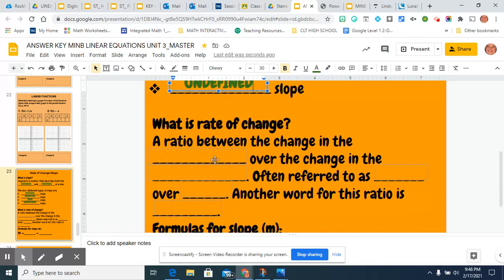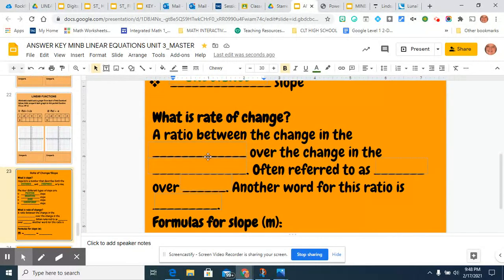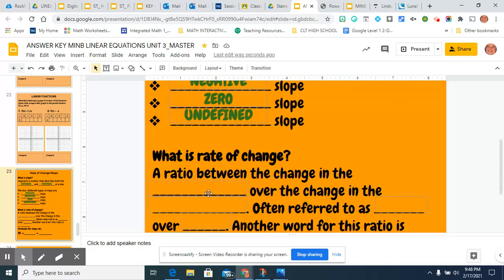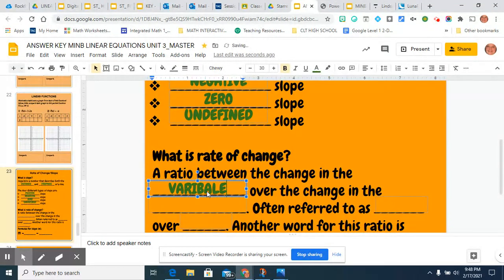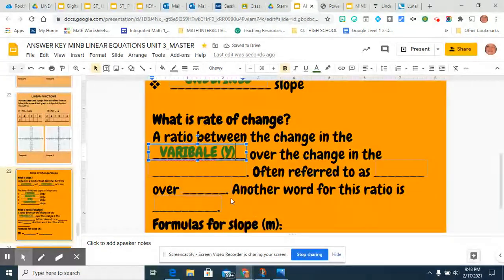So when we talk about the rate of change between two things, we're talking about a ratio. So a ratio between the change in the variable y, right, or the coordinate y, over the change in the variable or coordinate x.